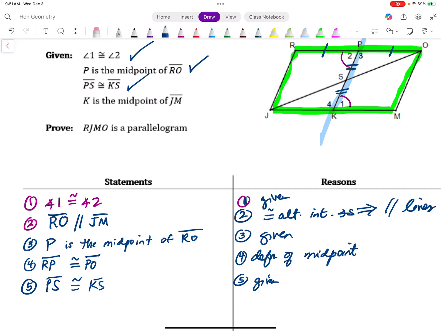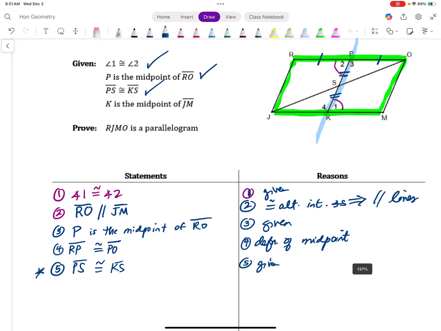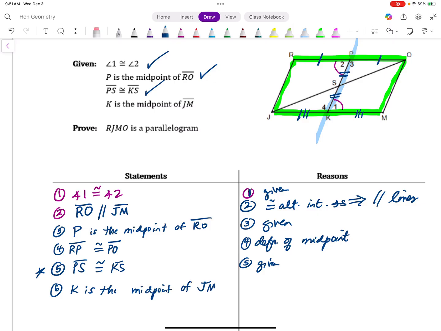I'm going to hold off. I'm going to put a little star. It might be helpful to say S is the midpoint, but I don't know if it is or not yet. K is the midpoint of JM, so that's going to make this congruent to this. K is the midpoint of JM. So that's my last given.